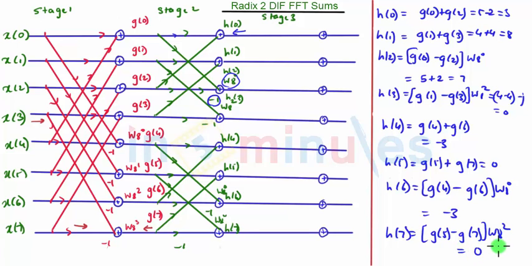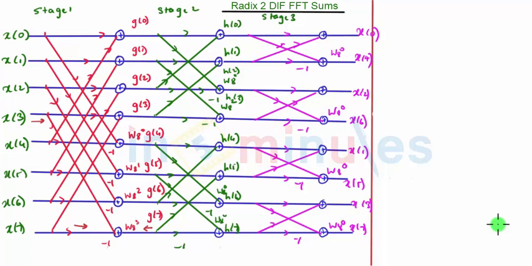So now we have computed the output of stage 2, which will go as the input to stage 3. So finally we will compute stage 3, and the final stage output will be: X(0) is equivalent to h(0) plus h(1), that will be 3 plus 8, that is 11.